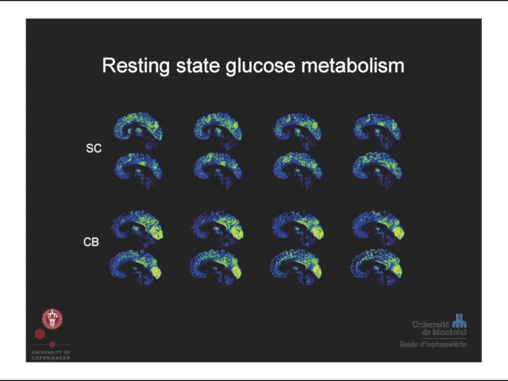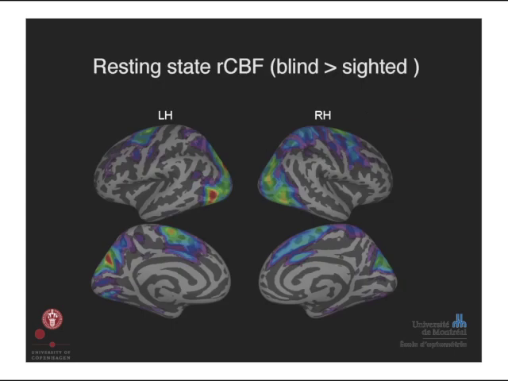So there is an increased metabolism of the visual cortex at rest that you can see in this section, compared to normal controls, where at rest the metabolism is generally distributed, and in the blind you find this big activation on this side.